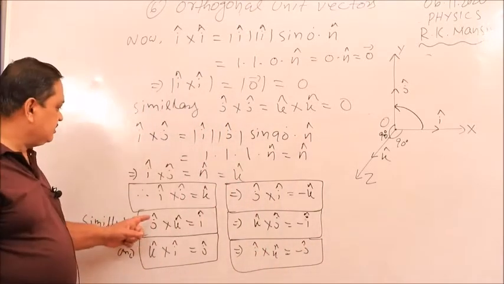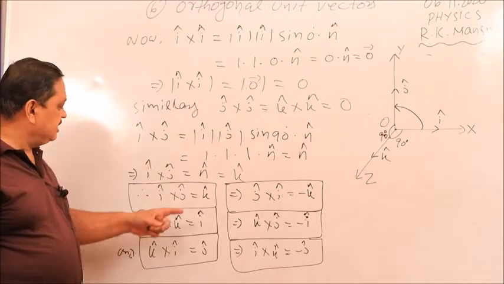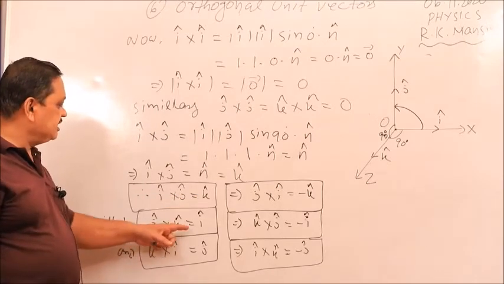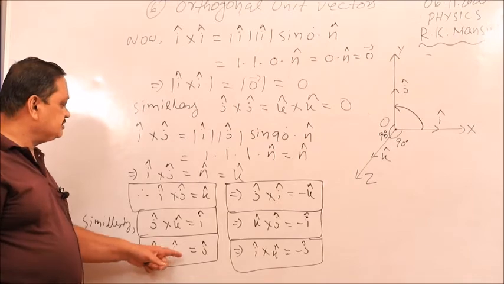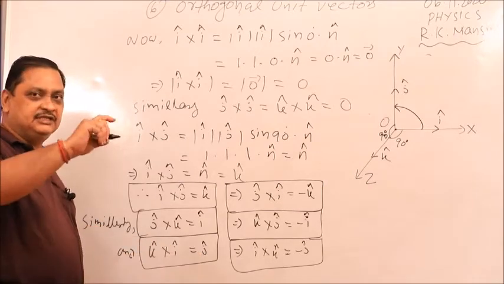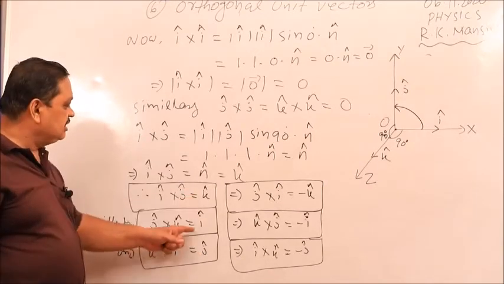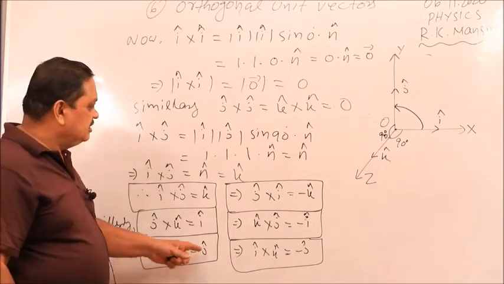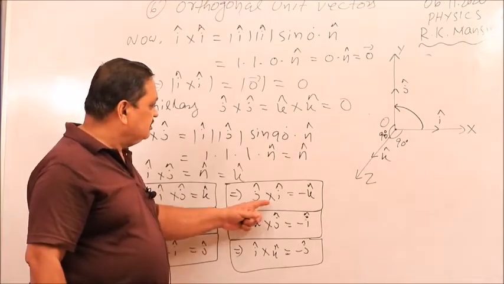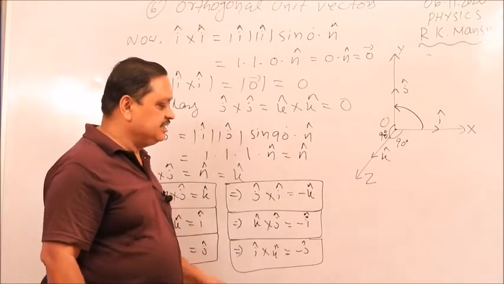So here you mark i cap cross j cap k cap, j cap cross k cap i cap, k cap cross i cap j cap. If you move in the same order, then it will give a positive sign. If you move in the opposite order, then the values are negative.